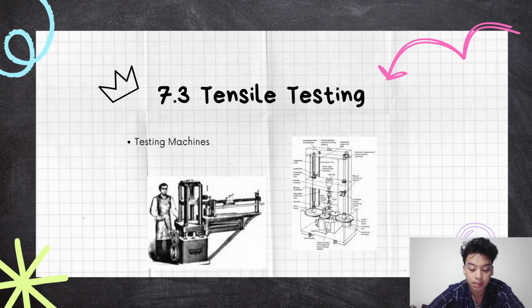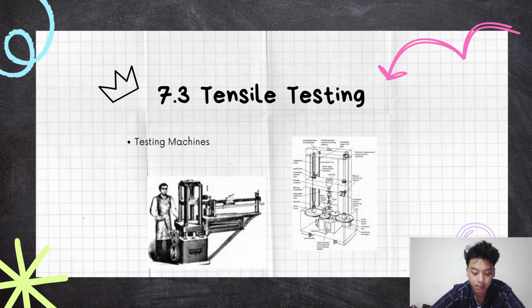Tensile yield strength, indicating when the elastic limit is reached with some appreciable amount of plastic deformation, typically set at 0.2% plastic strain. Ultimate tensile strength, or UTS, defined as the maximum load divided by the original cross-section area of the specimen.